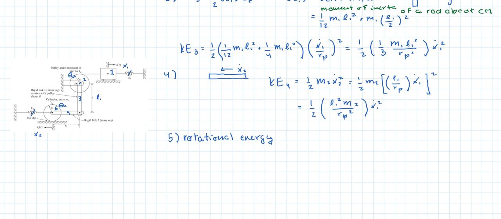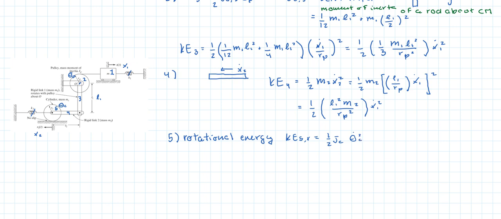So we'll note that KE5 sub r is equal to 1/2 times its moment of inertia, let's call it JC, times theta dot c squared.